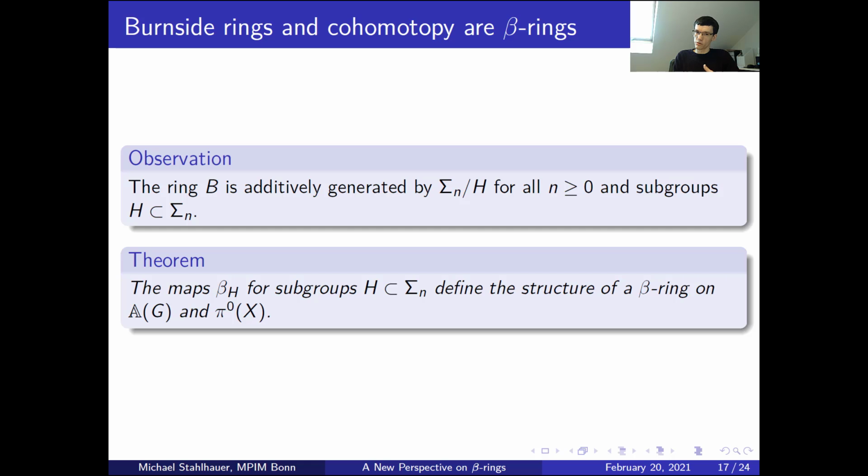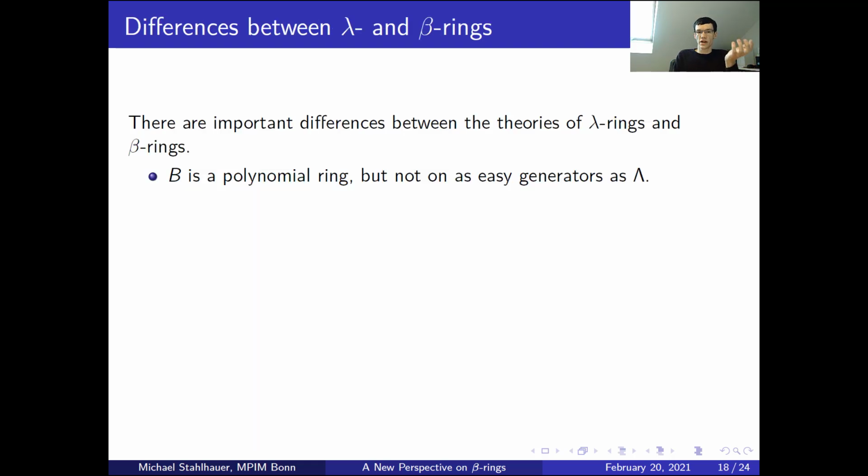Okay, so we have now a theory of beta rings, and we see that Burnside rings and cohomology are examples. But there are important differences between these beta rings and these lambda rings. And we already saw a few of these differences. So for example, on lambda we had easy generators as a polynomial ring. Those were these sign representations. But on beta, there's no such easy set of polynomial generators.